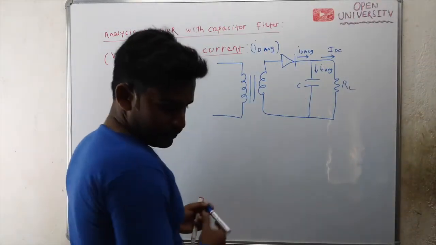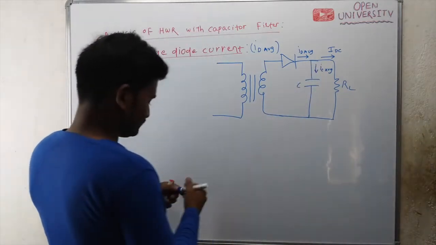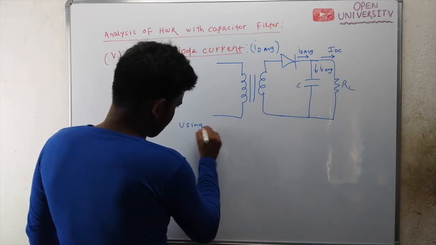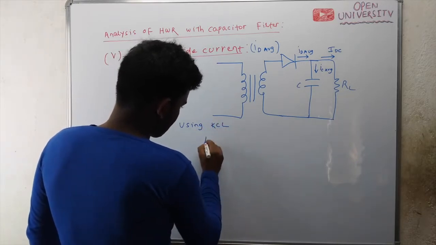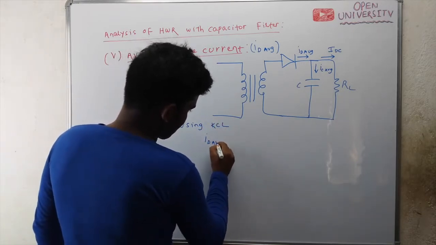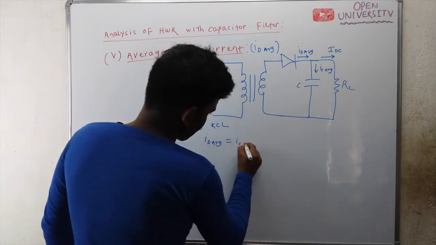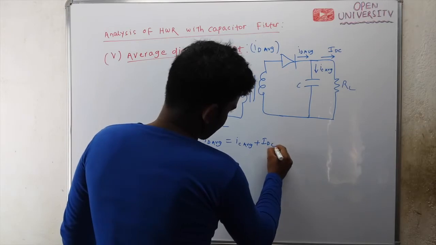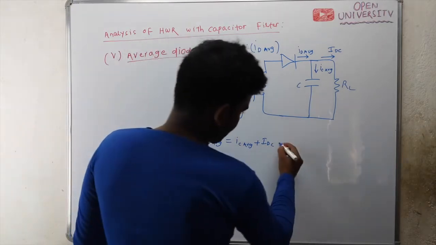So you can write using KCL, your ID average equal to IC average plus IDC. Give it equation 1.